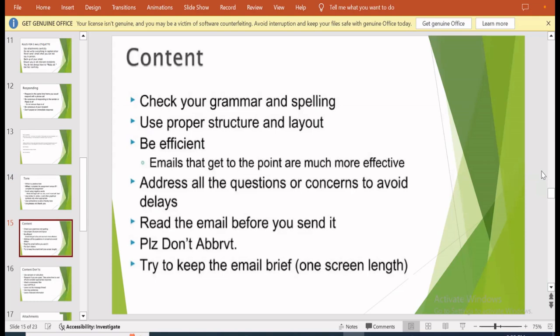Use proper structure and layout. That is another important thing. Suppose you want to explain 10 points, you may use point-wise 1, 2, 3, 4. Be efficient. Emails that get to the point are much more effective.